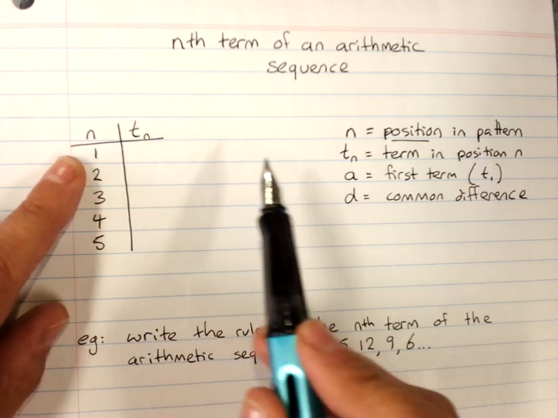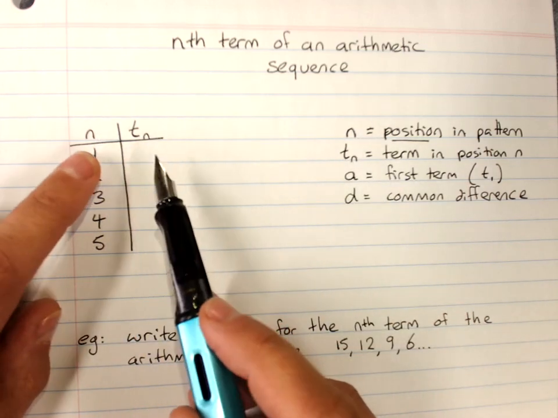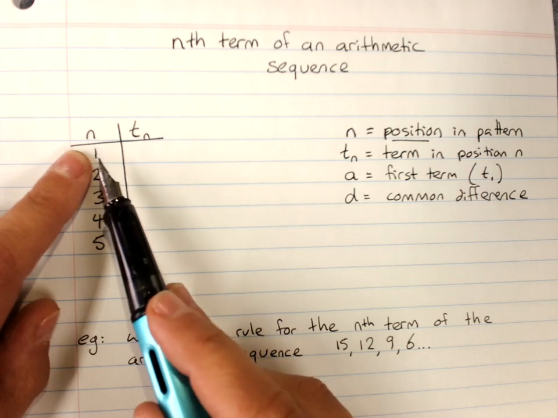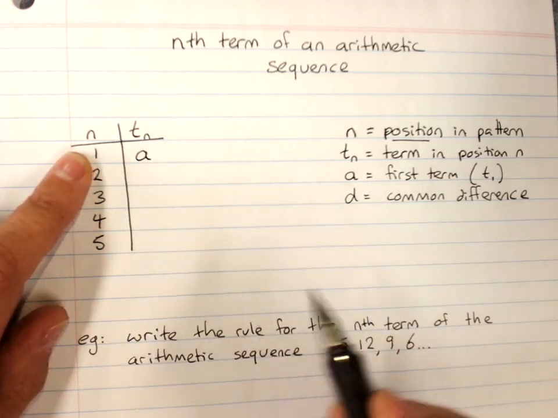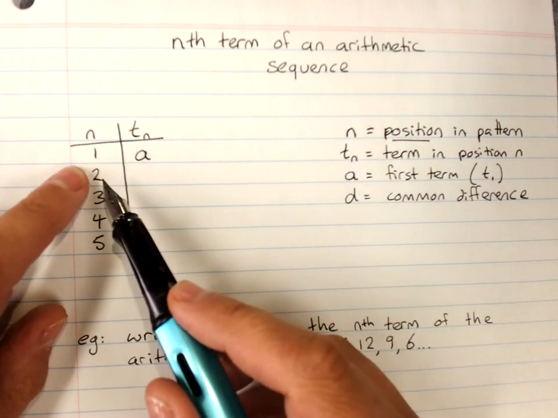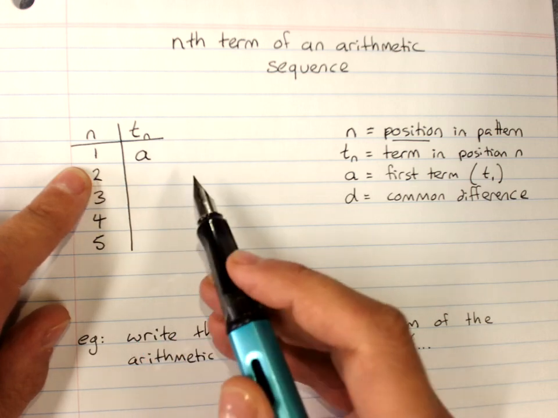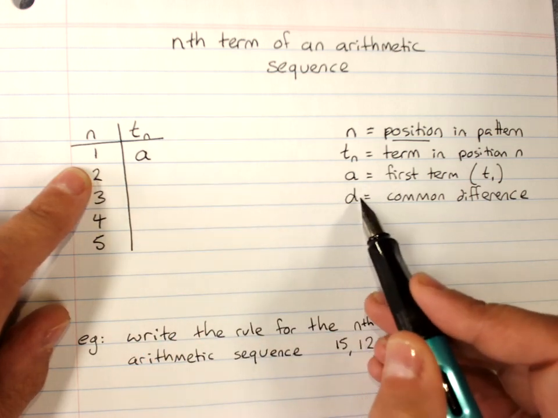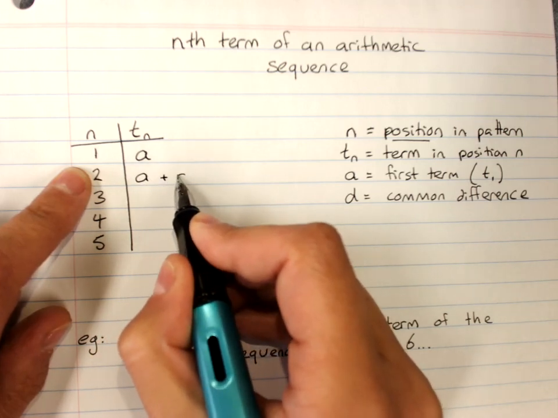So, using just these letters, the first term at position n equals 1 is A. To get the second term, Tn at position 2, I would have to add one lot of the common difference. So I'd get A plus D.